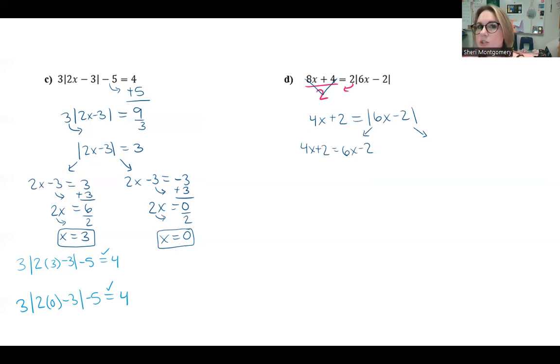The other one has to be identical, but the stuff on the other side has to be negative. So be careful because we need to make all of that stuff negative.